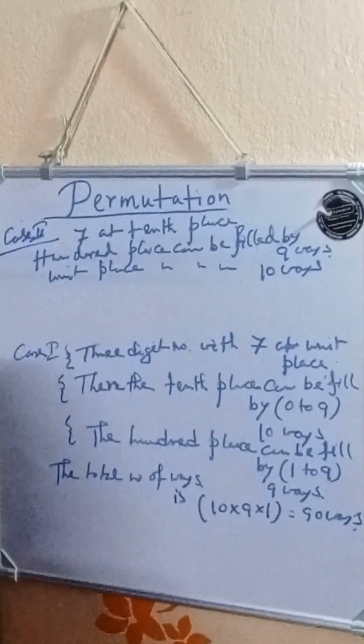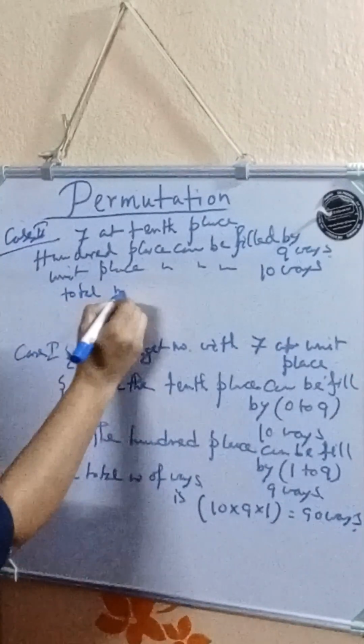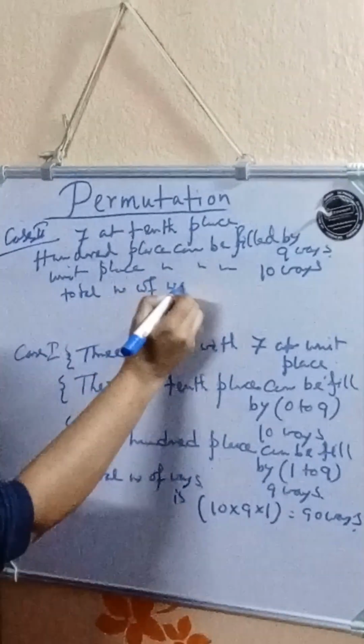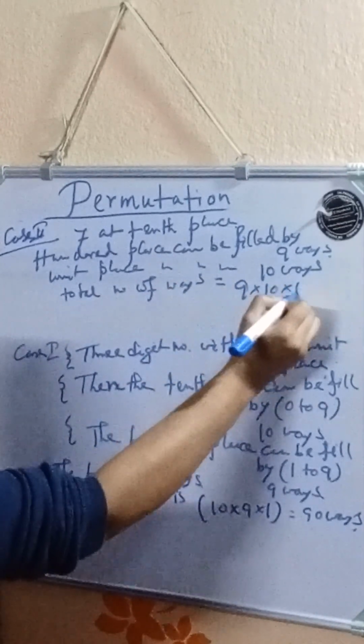Therefore, the total number of ways is 9 into 10 into 1 equals 90.